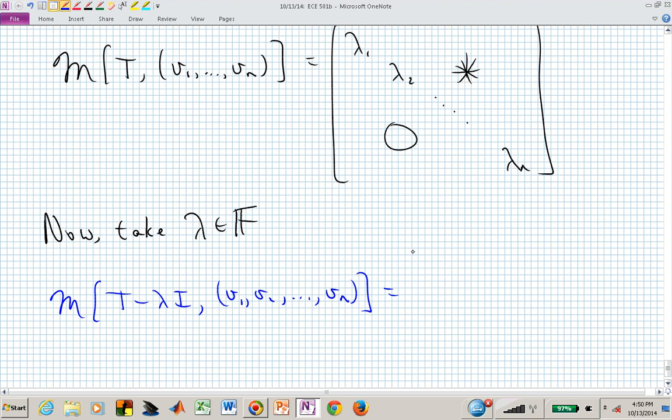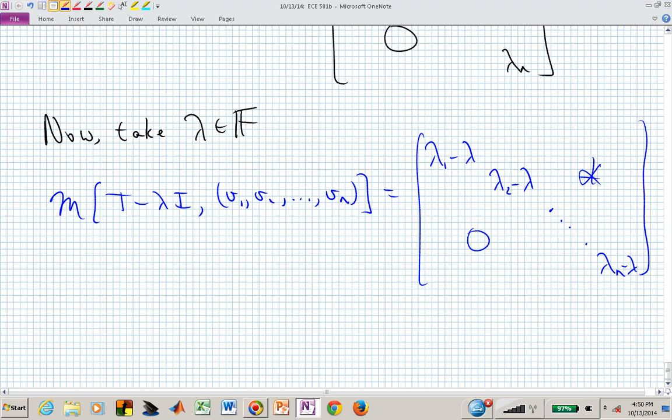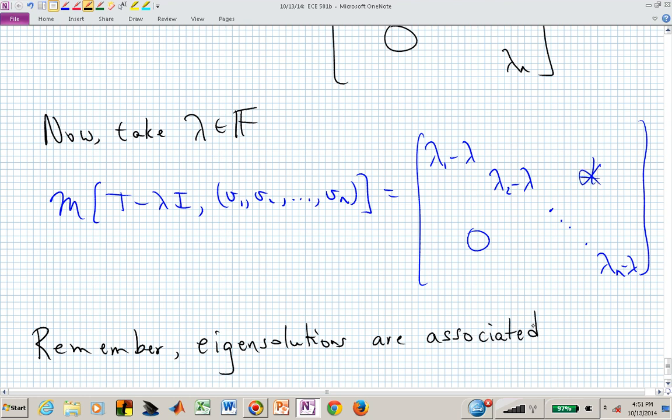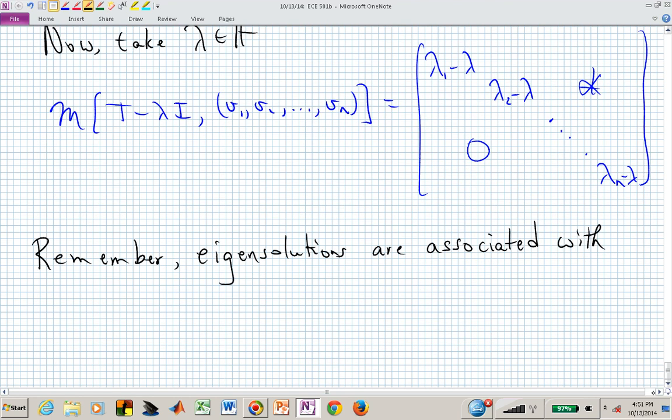So now we can write this as lambda 1 minus lambda, lambda sub 2 minus lambda, all the way down to lambda sub n minus lambda. Still have those arbitrary entries above the diagonal and zeros below. And now let's remember eigensolutions are associated with what space?